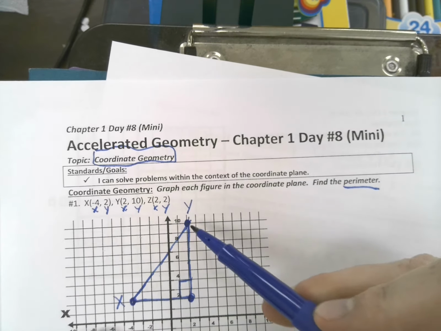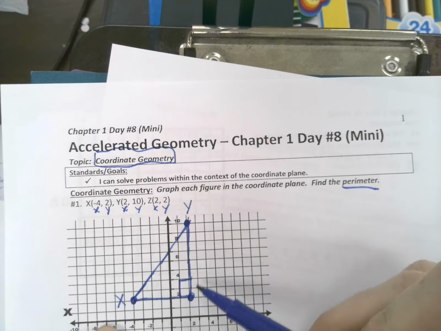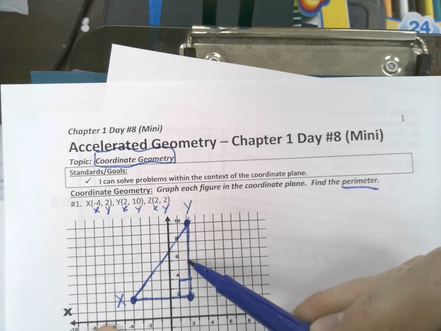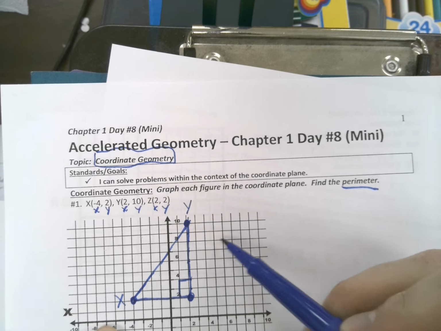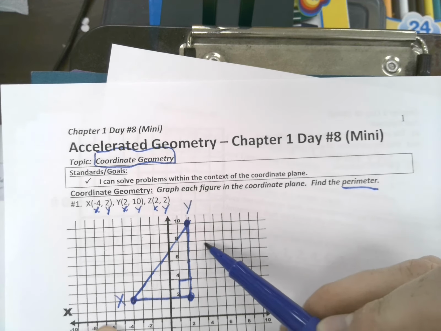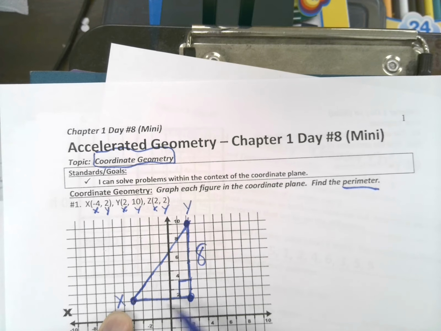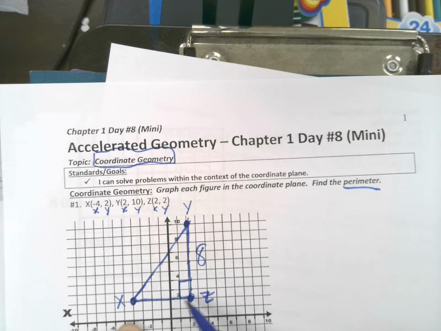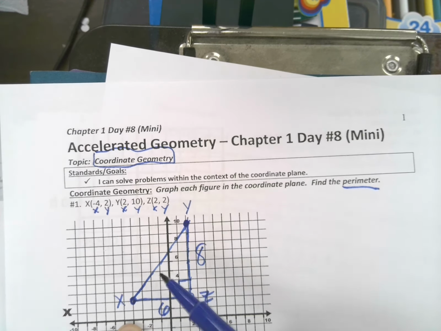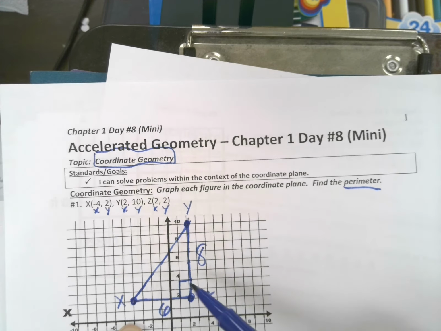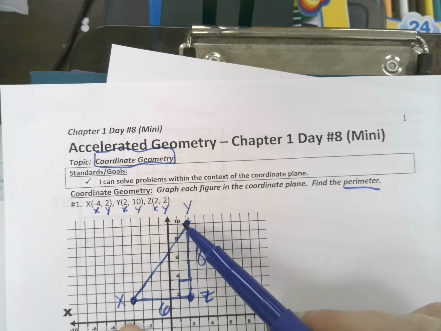That's right. We've got the coordinate plane, the squares. So 1, 2, 3, 4, 5, 6, 7, 8. This is a length of 8 from x to z. 1, 2, 3, 4, 5, 6. Now here's the tricky part. We need to find this distance.